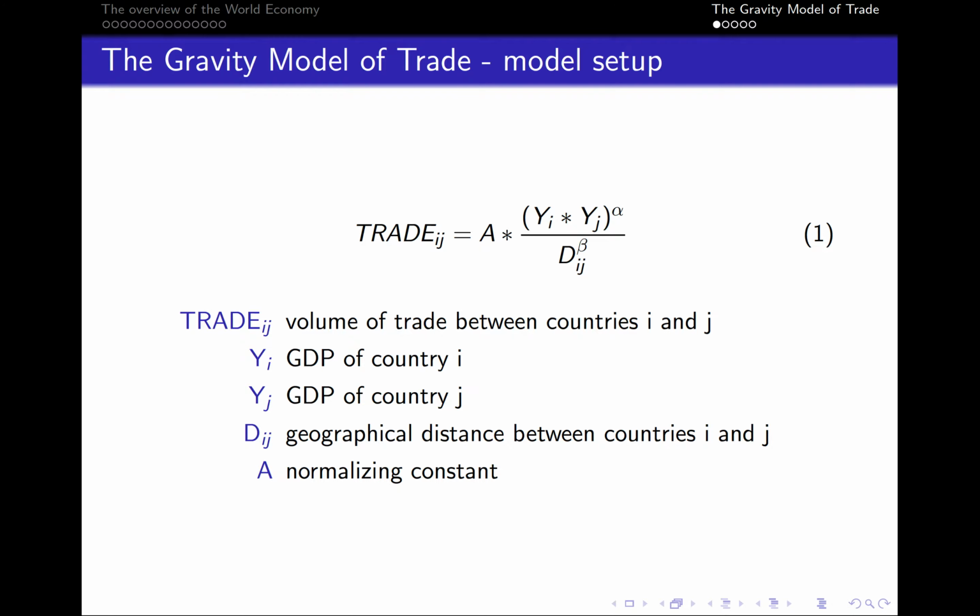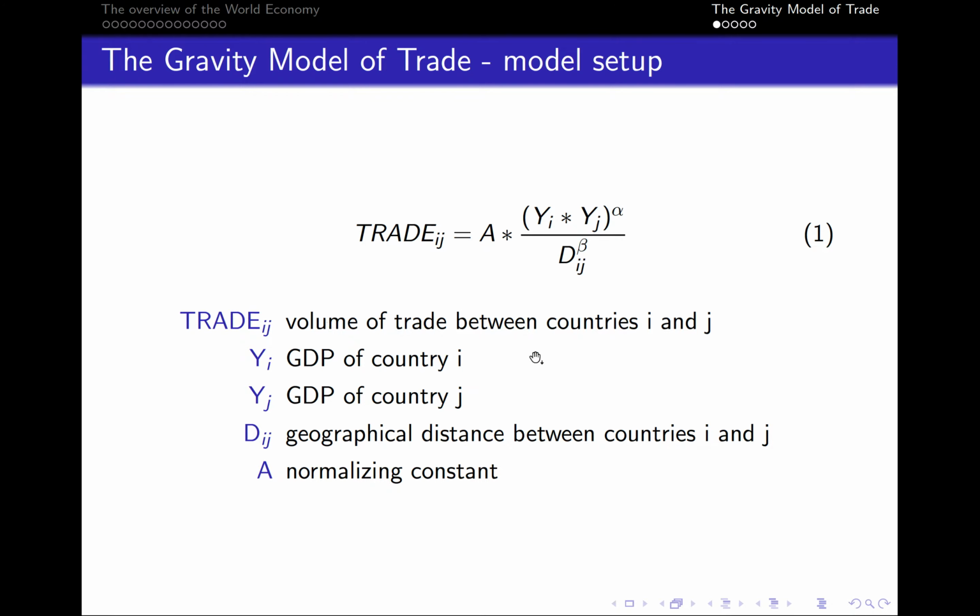Now, what do we have on the right-hand side of the equation? Well, A is a normalizing constant. It's needed mostly for us to be able to calculate the linear model. We do not put much emphasis on interpretation of that. The important part really is over here.